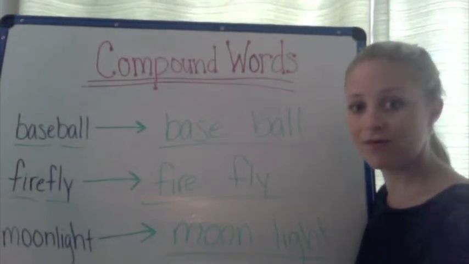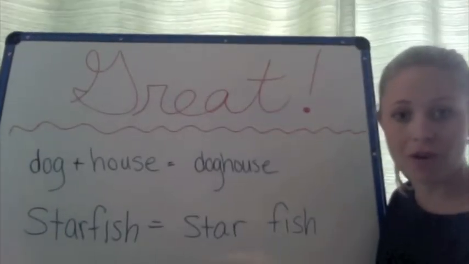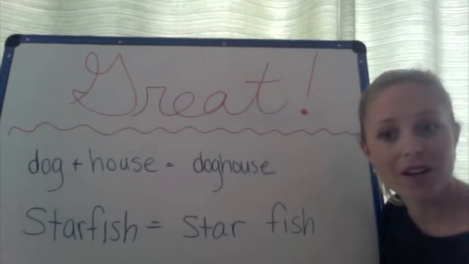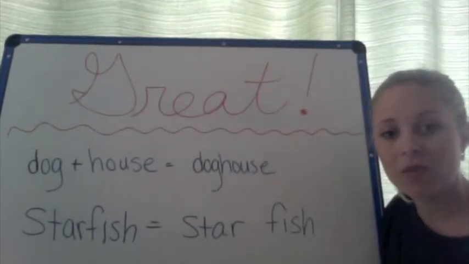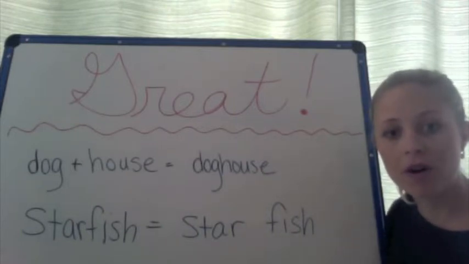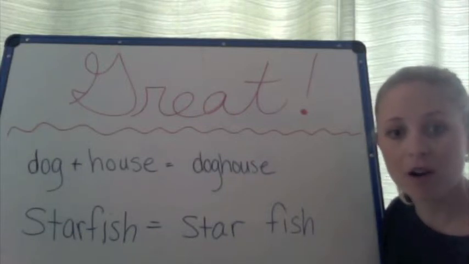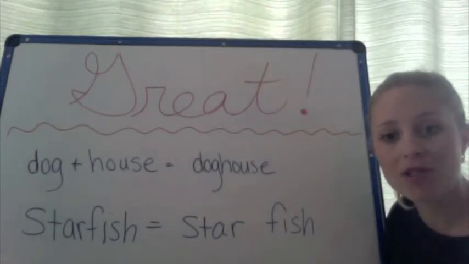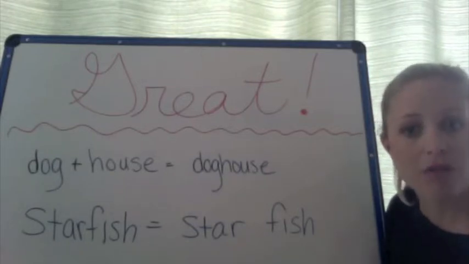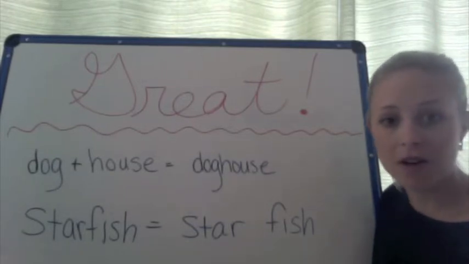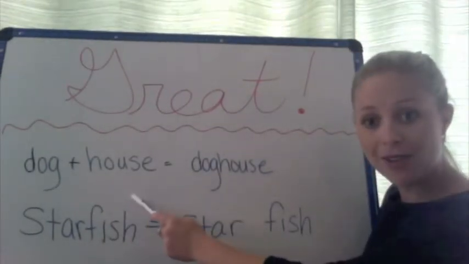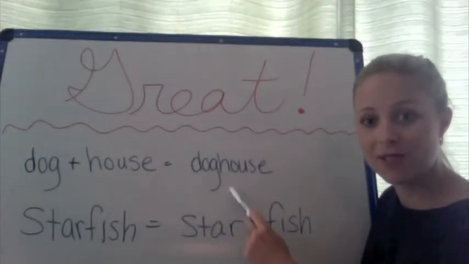Very good. All right, boys and girls, let's do a short review. We have learned lots about compound words. We've learned that a compound word is when you take two words and put them together to make a new word. We've learned to separate compound words, and we've also learned how to figure out what two words made up the compound word. For example, we learned that when you have the word dog plus the word house, you have a doghouse.